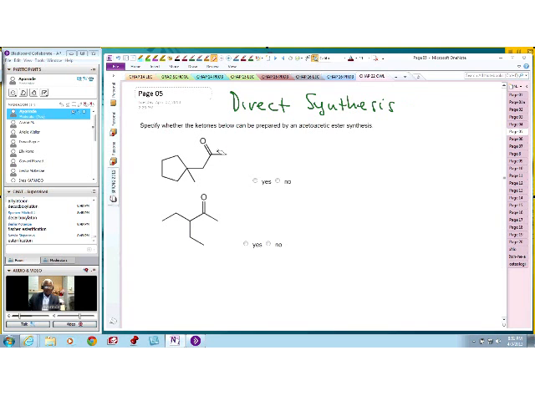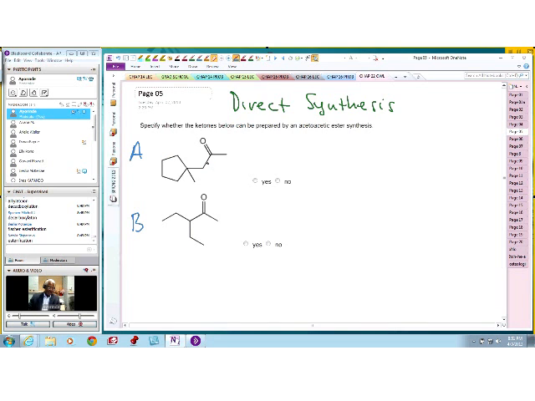Can you make this directly from acetoacetic ester synthesis? Yes or no? Let me label this compound A and compound B. Can you make compound A by direct acetoacetic ester synthesis?